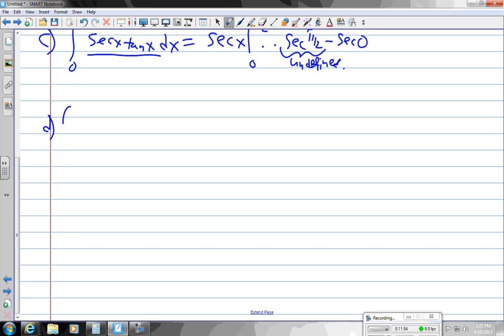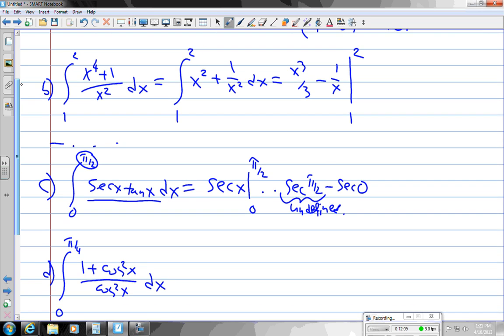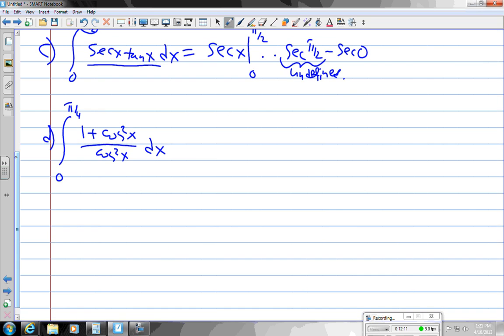Part D, from 0 to pi over 4, 1 plus cosine squared x over cosine squared x dx. Well, that's the same as question B. Divide everything by cosine squared. So that's 1 over cosine squared x plus cosine squared x over cosine squared x.